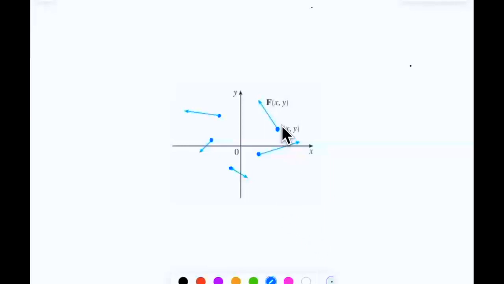You cannot do it for every point in the domain, there are infinitely many points. But by just picking some representative points, we can gain a reasonable understanding of this vector field. The more you draw, the better picture you get, but just picking some points here gives you some idea of the vector field.